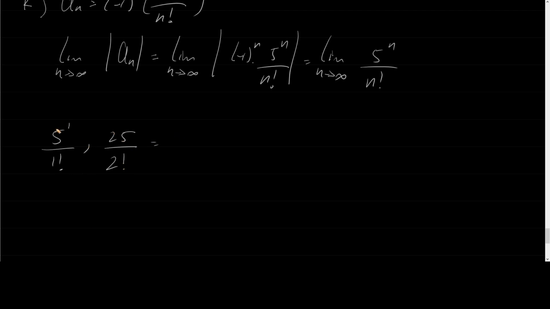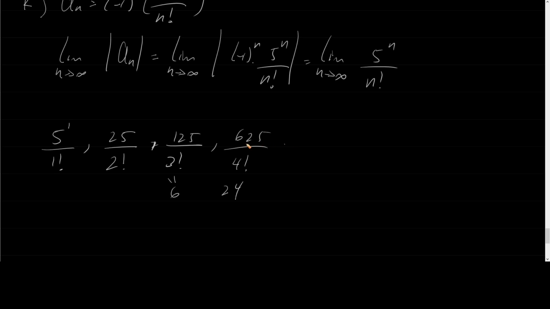Then 5 cubed, so 125 over 3 factorial. And then 625 over, 3 factorial, that's 24. No, that's not true. 3 factorial is 6. Sorry. 3 times 2 times 1. Then this was 5 to the 4th. On the bottom, I'm going to have 4 factorial, which is 24.